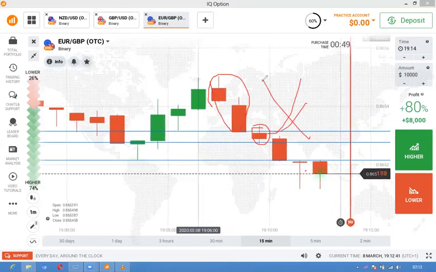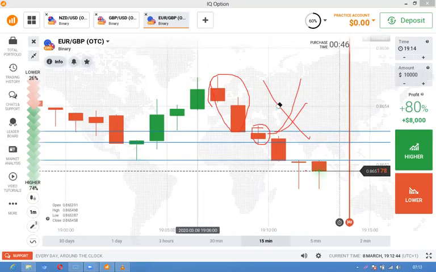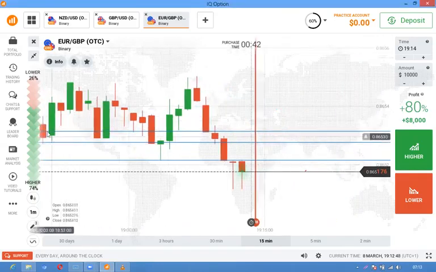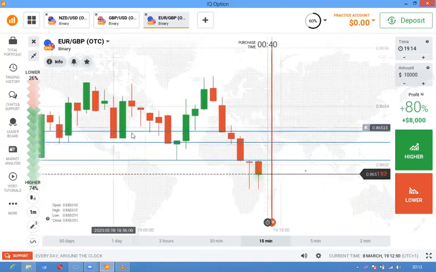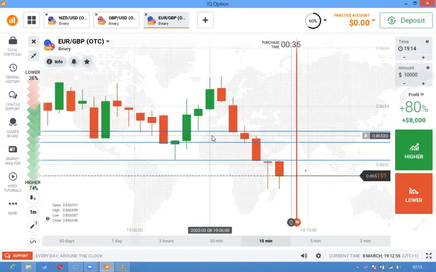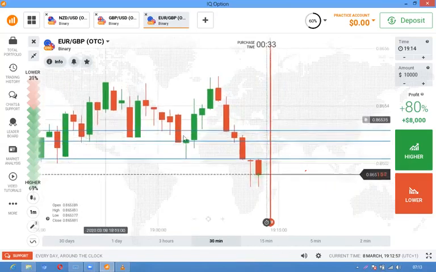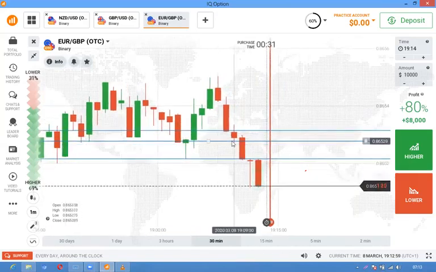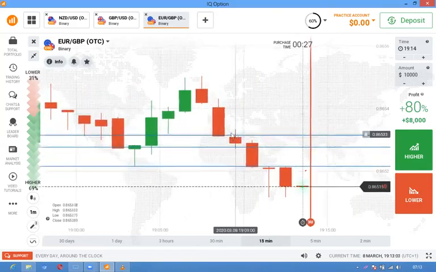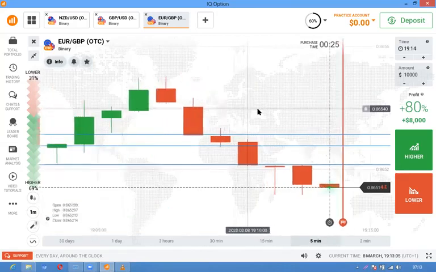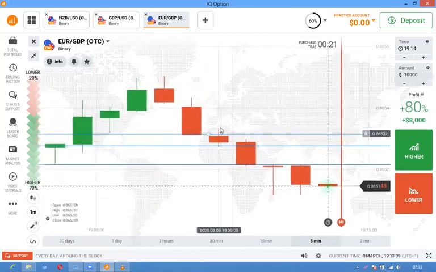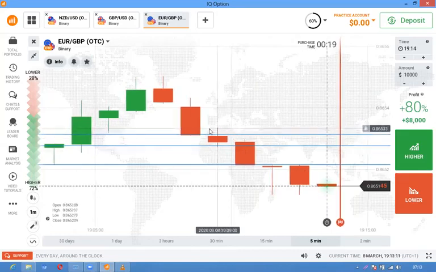So it will not work because of some reasons. And what are those reasons? Number one, the level was tested multiple times. The second reason is that sellers tried to break this level, but the third time they tried with a very strong candle. Again, they tried. And now this candle, if you want to know the difference between binary and forex trading, go to other brokers and check this bearish candle.